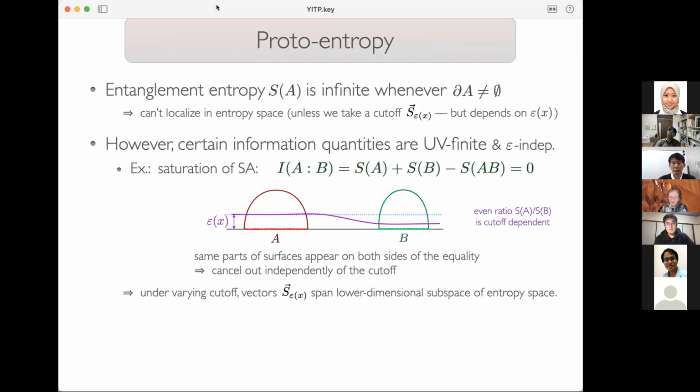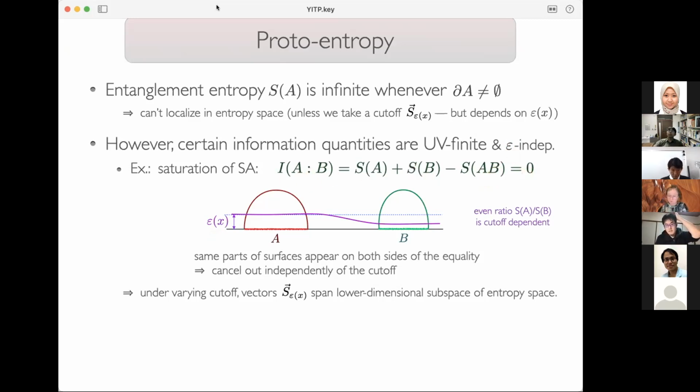So what that means is if we associate to the components of the entropy vector, the S of A, S of B, and S of AB, finite numbers that we can wiggle around by wiggling around this cutoff, that set of entropy vectors is not allowed to live in some codimension 0 region in the entropy space, but only a subspace given by this relation.